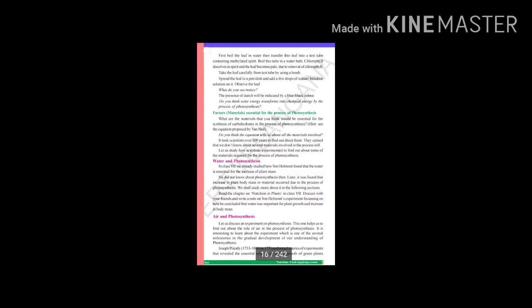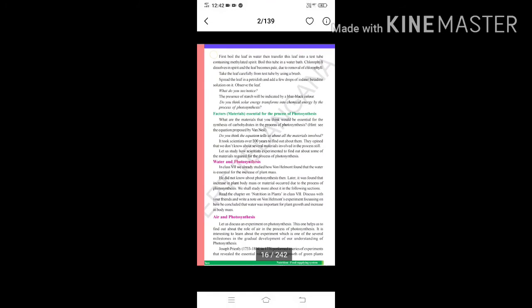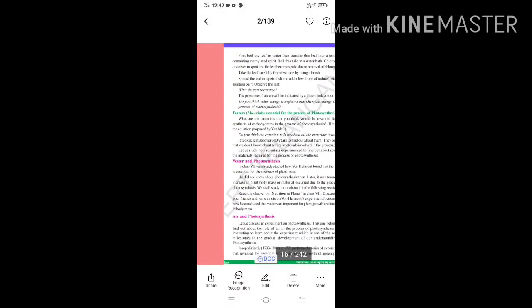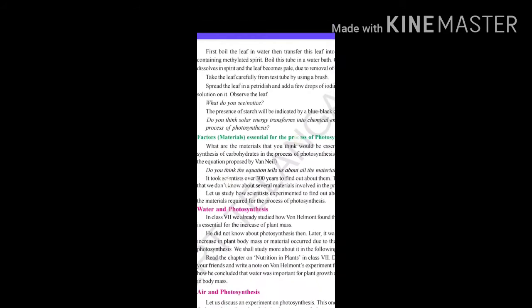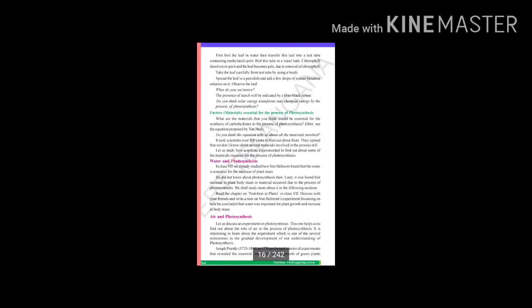So here one question is being asked, children. Do you think the solar energy transforms into chemical energy by the process of photosynthesis? Of course, the solar energy will transform into chemical energy, but by using certain other things also.